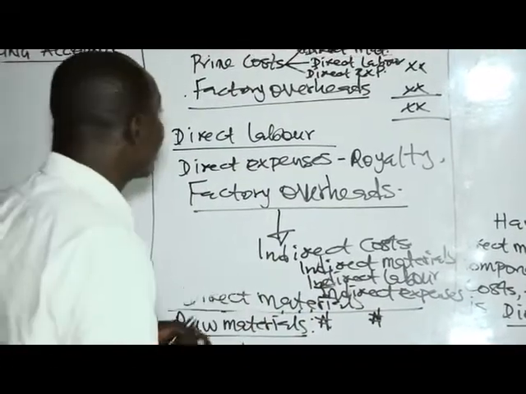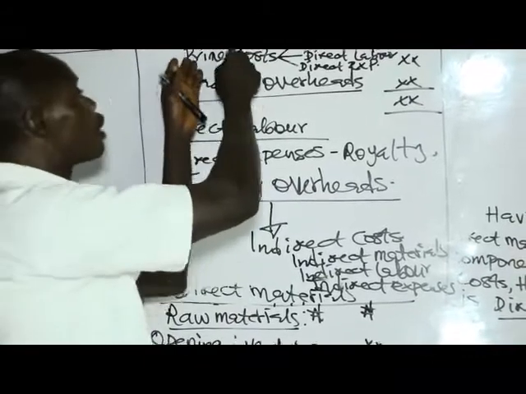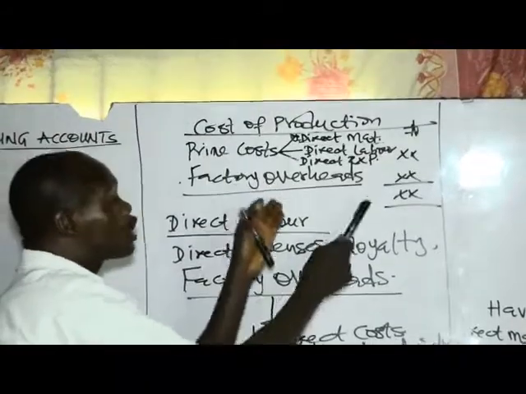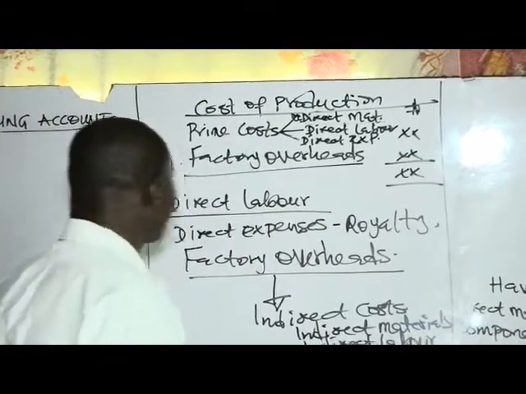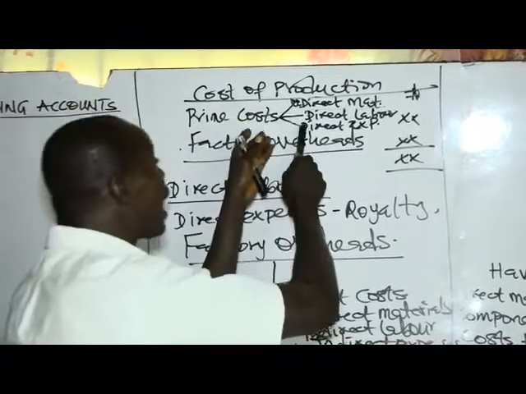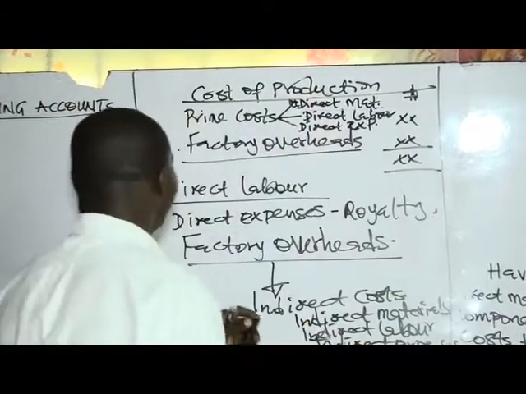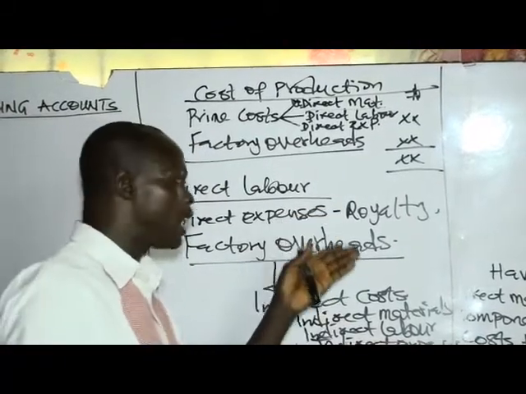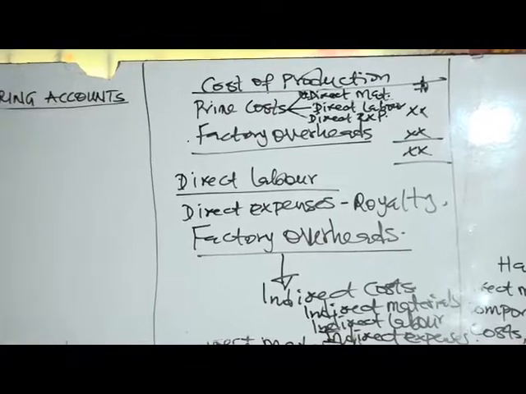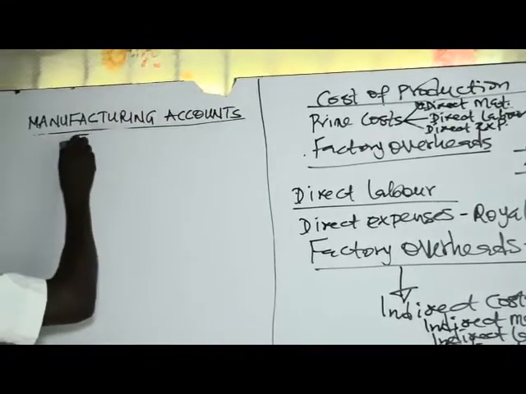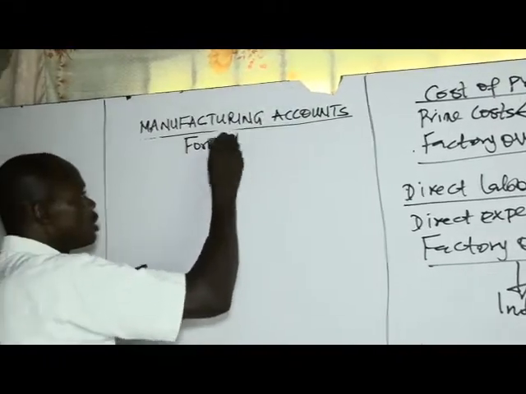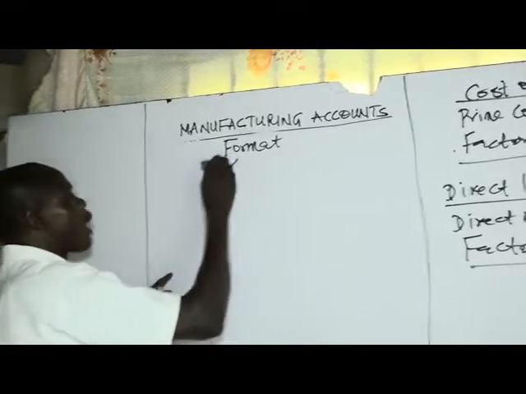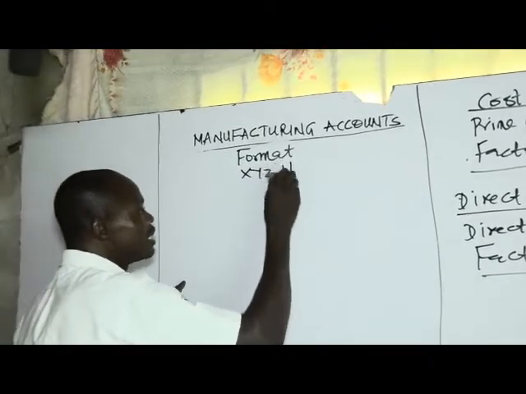And I've told you that your cost of production comprises the prime cost plus the factory overheads. I've explained the components of the prime cost. Therefore, I want to give the format for preparing the manufacturing accounts. Now we have XYZ Limited.